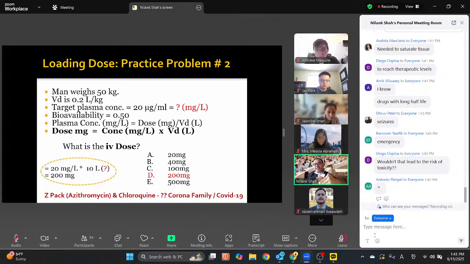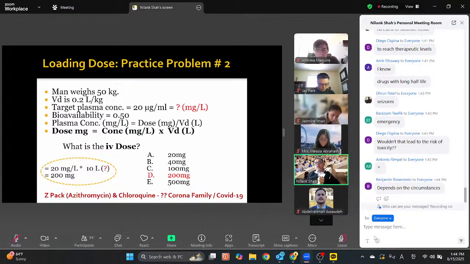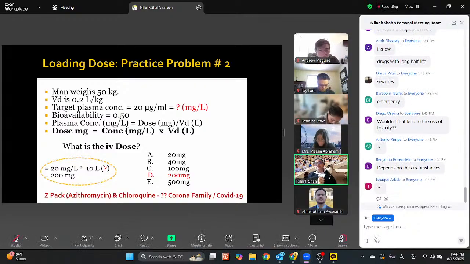So you can have an immediate action of the drug and it can save the patient. Because there are certain conditions which can be fatal, which have fatal consequences, and in that case, you have to achieve the drug concentration right away in order to treat the patients as soon as possible.